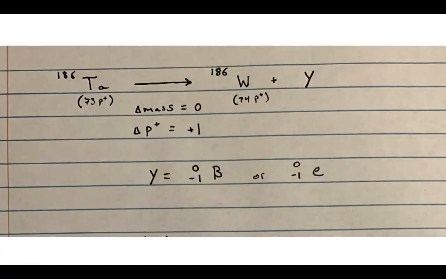There's only one type of decay that we associate with no mass change and an increase in the number of protons, and that's beta decay, meaning that Y needs to be a beta particle. A beta particle can be written as beta 0, -1, or you can see it as e 0, -1, with the e representing the high energy electron that's released during beta decay.